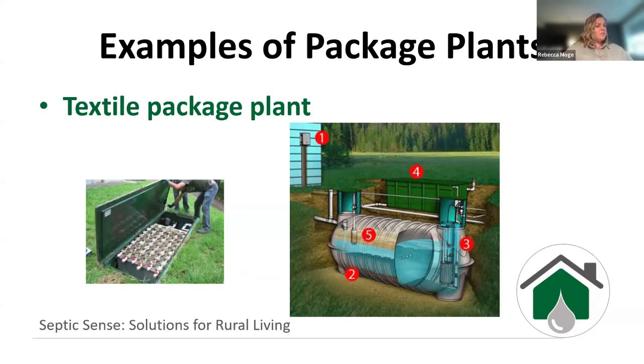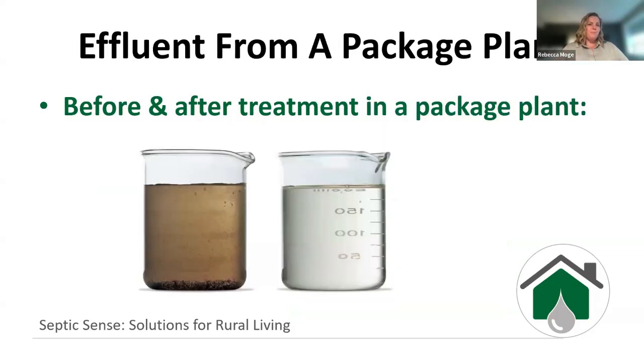All of these are certified units approved for use in Alberta, dependent on your supplier and what they're carrying. But at the end of the day, they're advanced treatment units, providing better quality of effluent than when we were looking at just the septic tank and the natural separation that occurs.